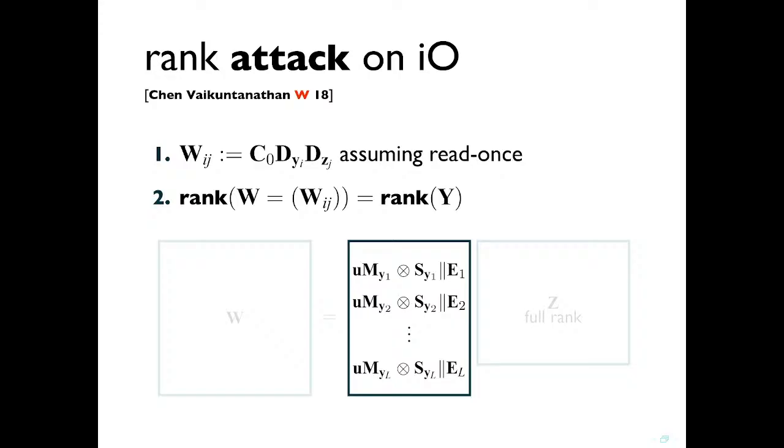Assuming standard heuristics, the rank of this matrix is essentially only going to depend on the rank of this matrix. Therefore the rank of W is essentially going to be the rank of Y multiplied by some security parameter, which is fixed and independent of the program. So you learn this, which leaks information about the intermediate state of the program, and therefore you learn something about the program. That's sort of the entire attack.